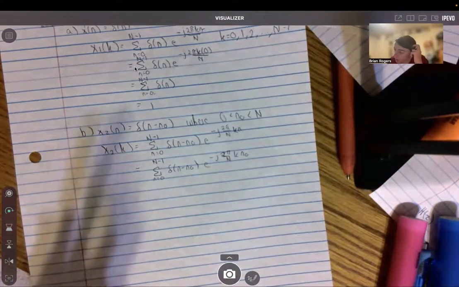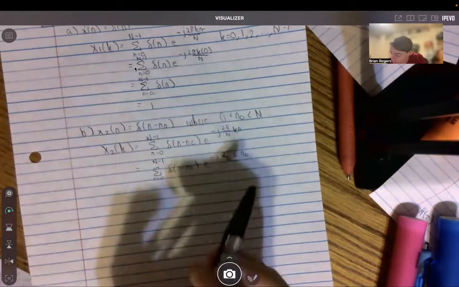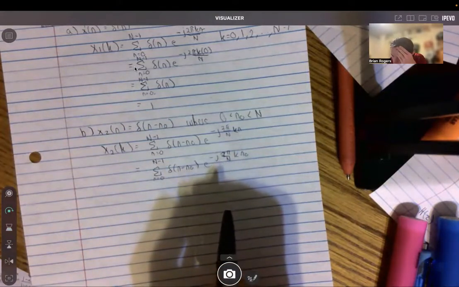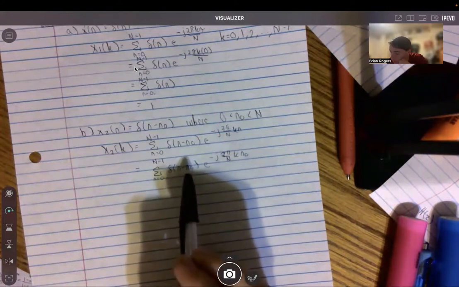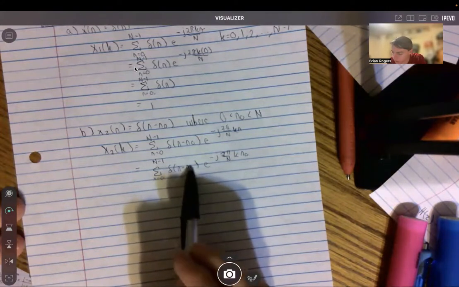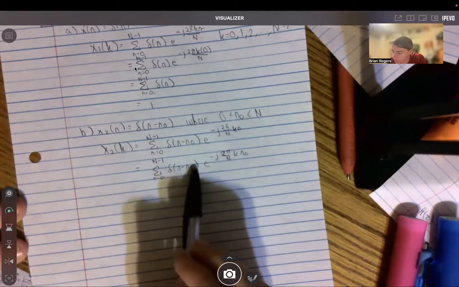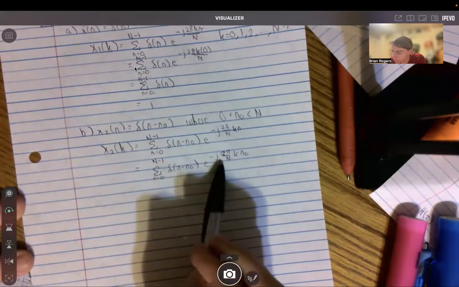What we're going to see here is that this will only occur at n0, correct? The delta function. Everywhere else it's going to be 0, so it's 0 multiplied by this.